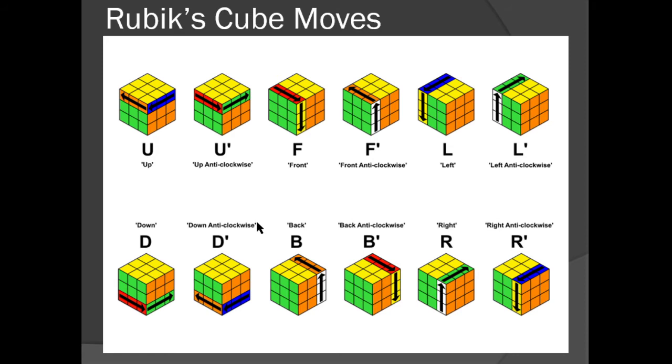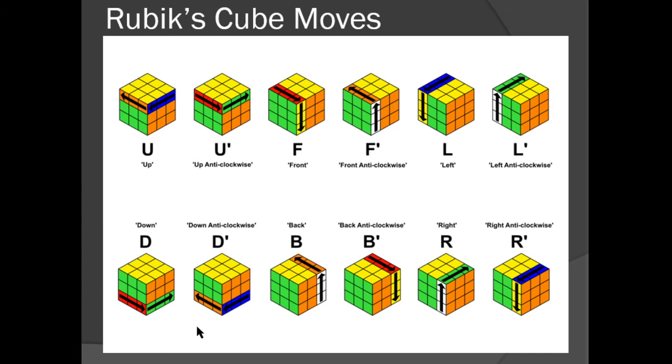And then next, we have L for left. On the left part of the Rubik's Cube, you need to rotate that 90 degrees clockwise. That's for L. And then also with the left part, L prime, we need to rotate the left side of our cube 90 degrees counterclockwise or anti-clockwise.